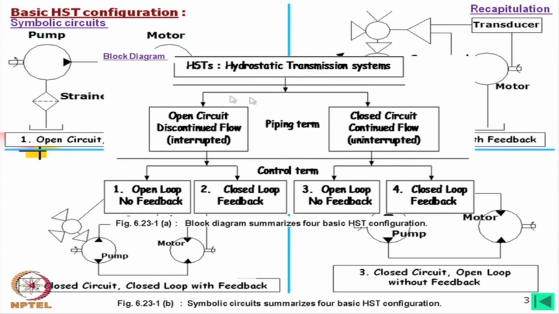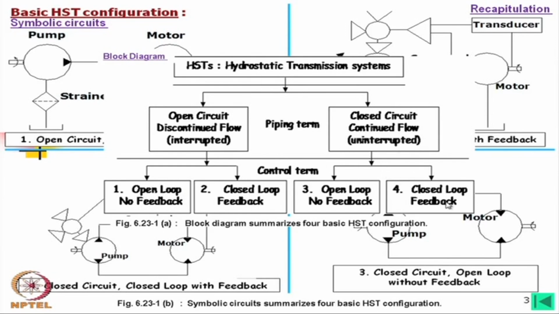Now, as we have seen, the piping term or circuit term: open circuit, discontinued or interrupted flow, and closed circuit, continued or uninterrupted flow. And then both may be open loop, no feedback, or closed loop with feedback.